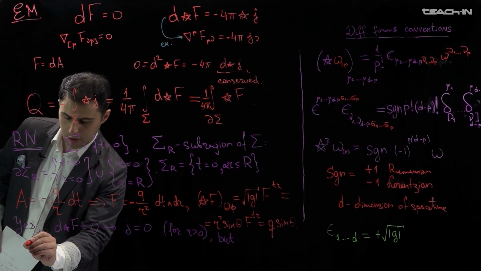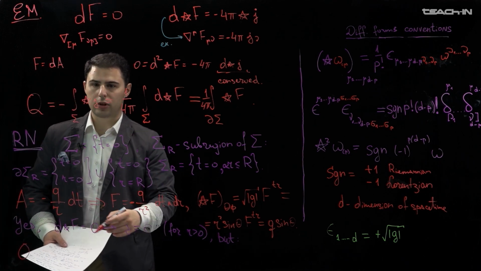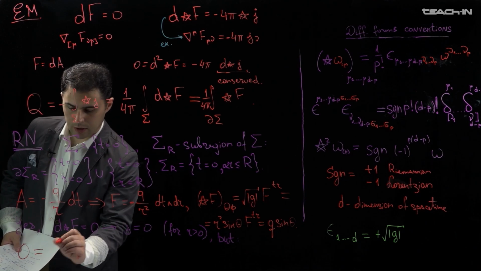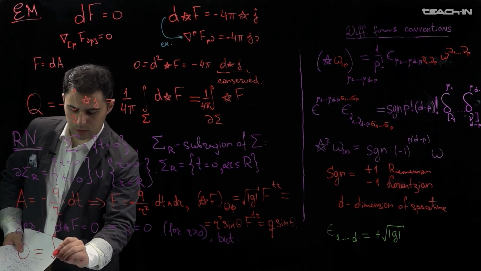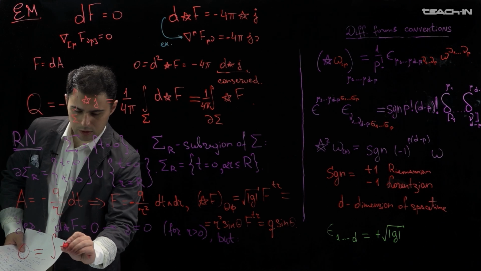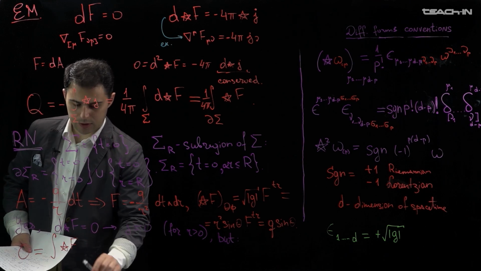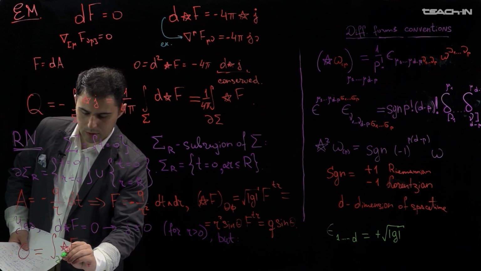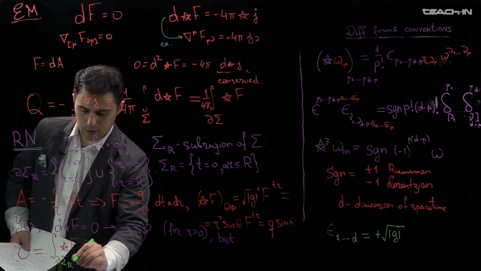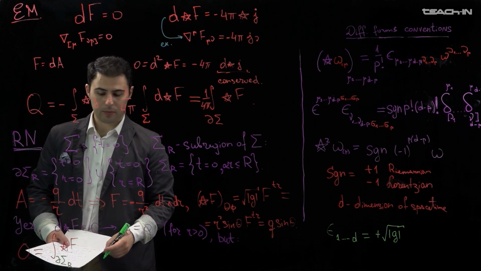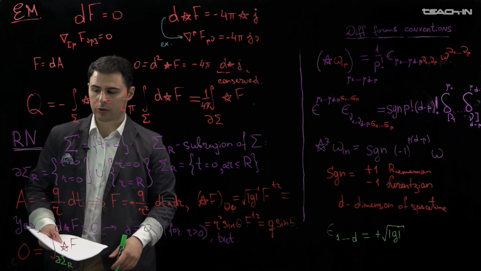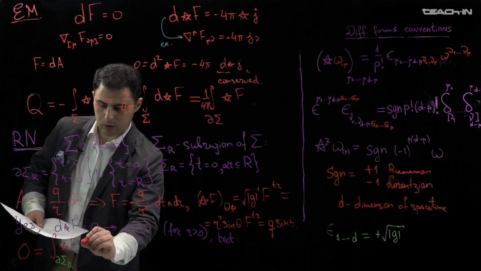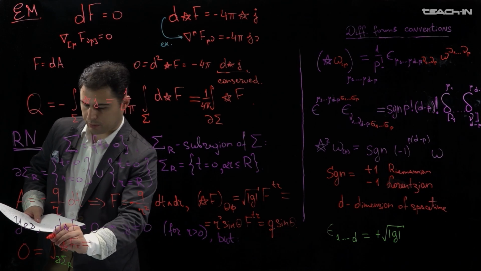So the total integral over star J, which is 0, equals the integral of star F over the boundary of sigma_r, which has two components.